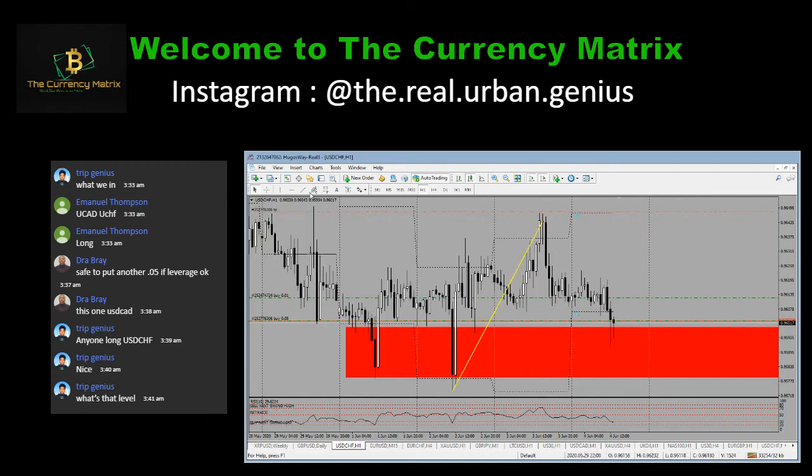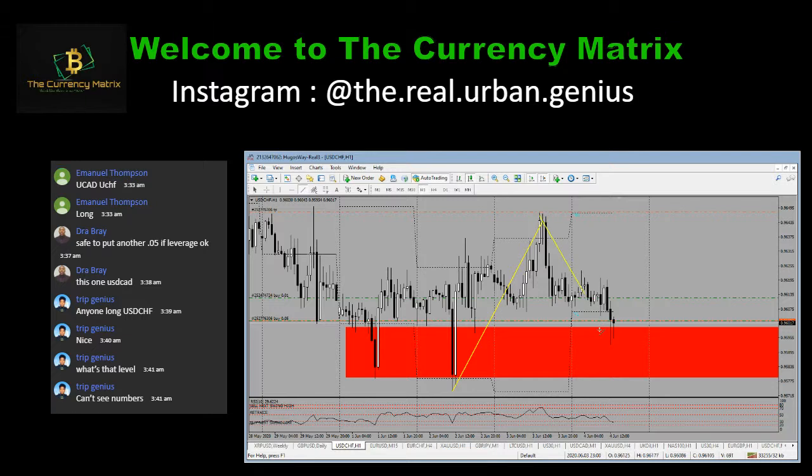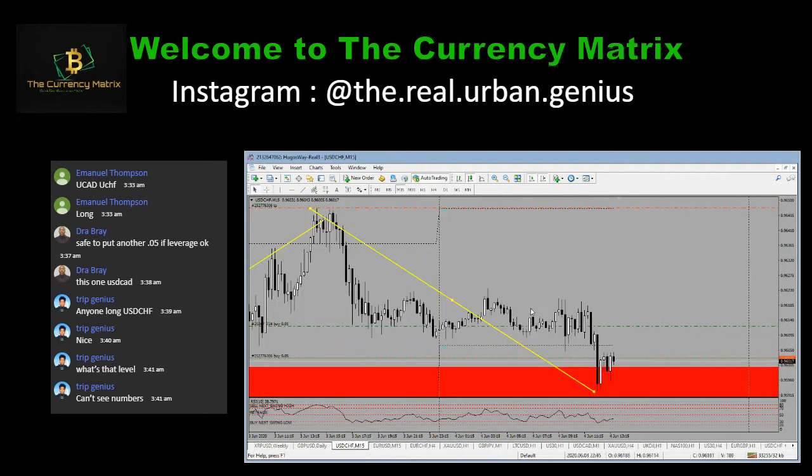Now we have a new swing here. We come in here to the hour, we can see that confirmed by this structure.